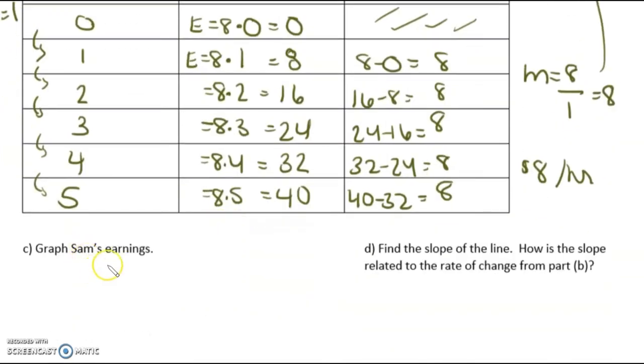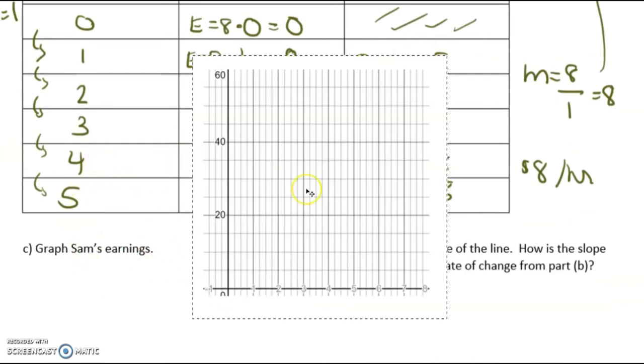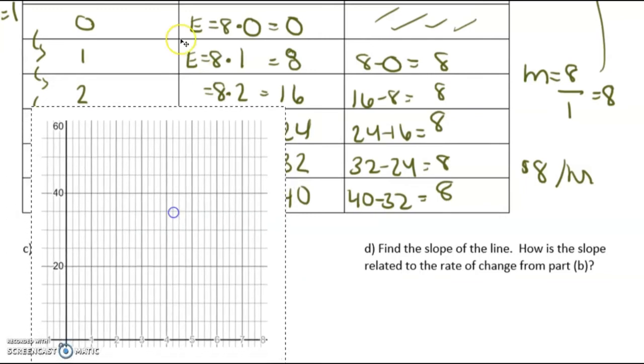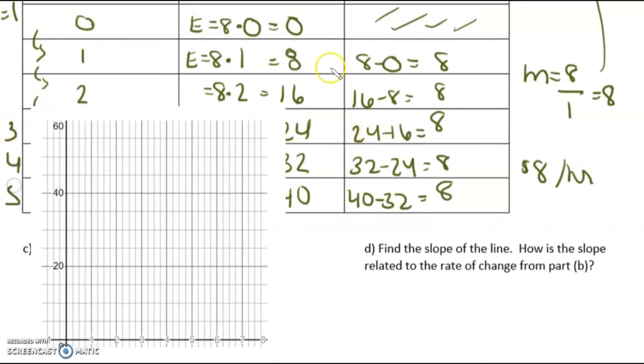Now what we're going to do is we're going to graph Sam's earnings. I'm going to put in a grid. It's going to cover some of this, but that's okay. We don't need this work up here anymore. I'm able to say this is 3, 4, and 5, and that's fine. Okay. You should have this on your paper. So we're going to graph the number of hours, and this is the earnings, the pay.